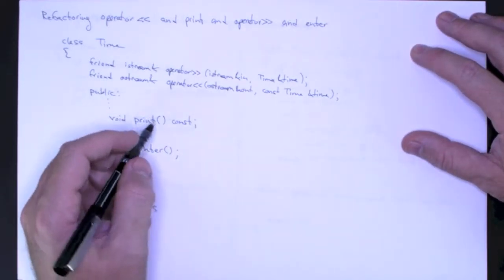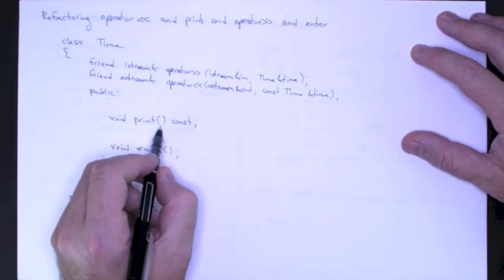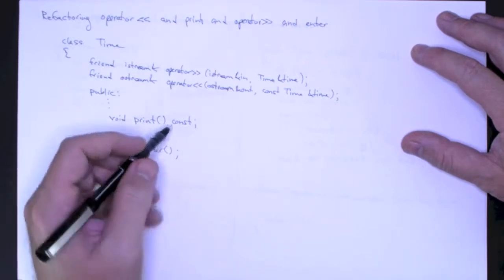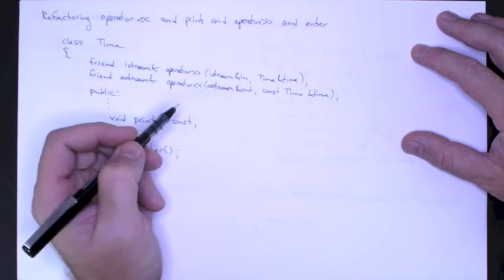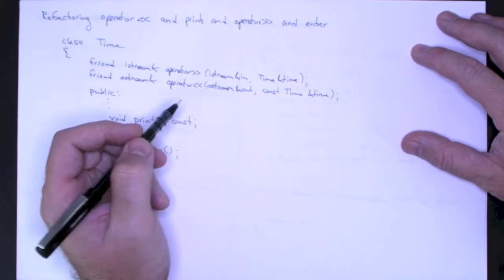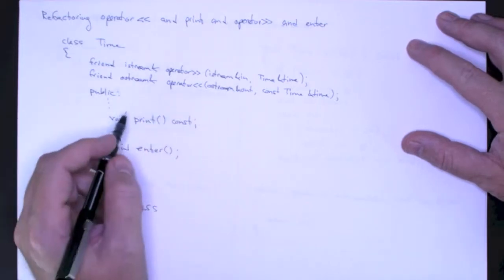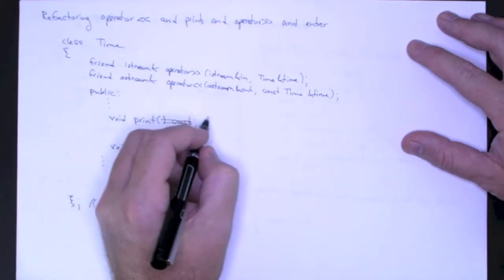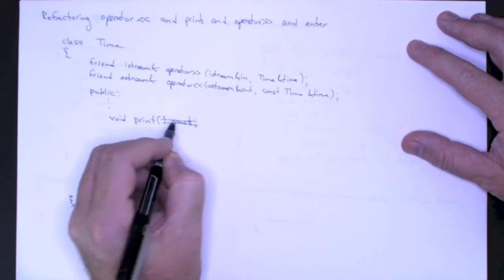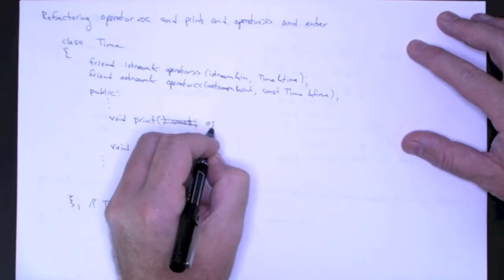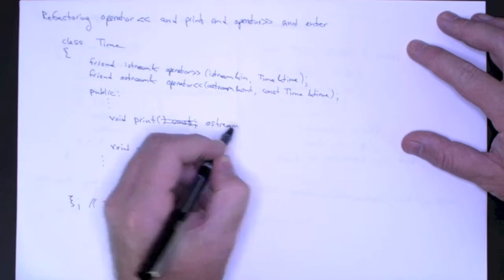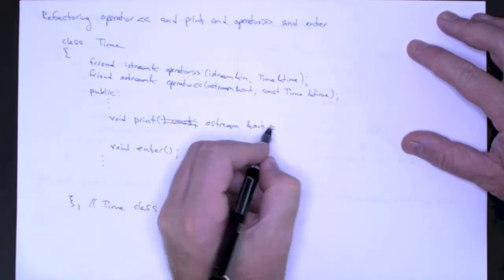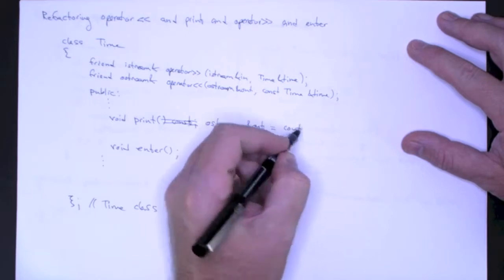First thing I'm going to do is, instead of having no parameters to my print and enter methods, I'm going to pass in an output stream and an input stream. Moreover, I'm going to use a default argument. So I want to pass in an ostream to print, and I'm going to use the default argument of cout.